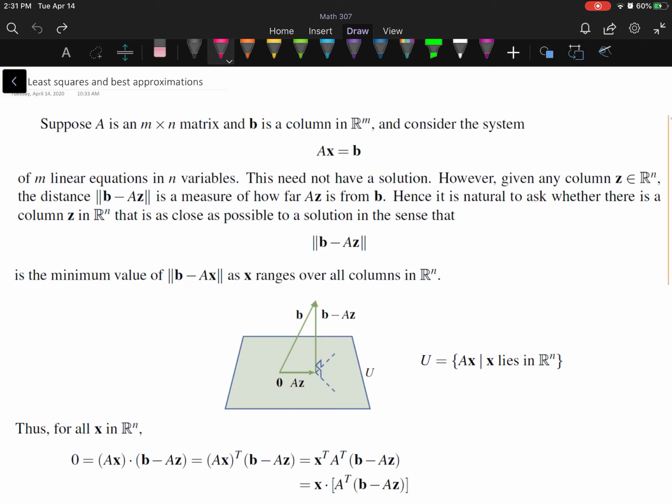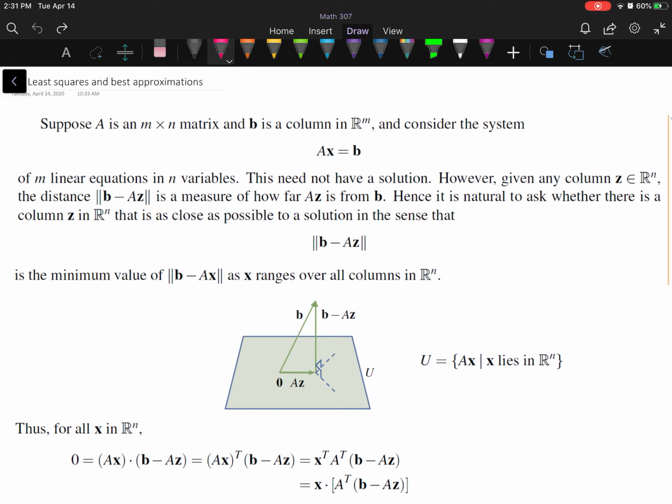So, least squares. The idea here is that we're given a system of equations that doesn't have an exact solution. Somehow, the column space of our system of equations does not match up with the end result that we'd like.